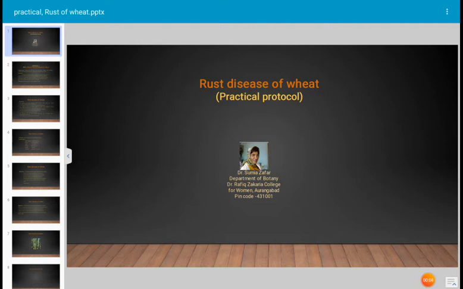Today's topic for discussion is a practical protocol of plant pathology, and today's disease is rust disease of wheat. Wheat is a very important crop because in several parts of the world it is a staple food, and it is a cereal which is extensively grown throughout the world.